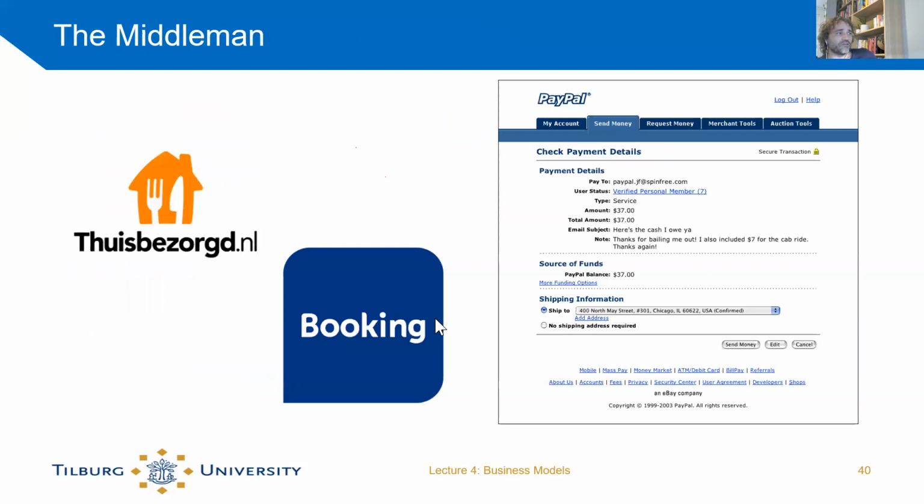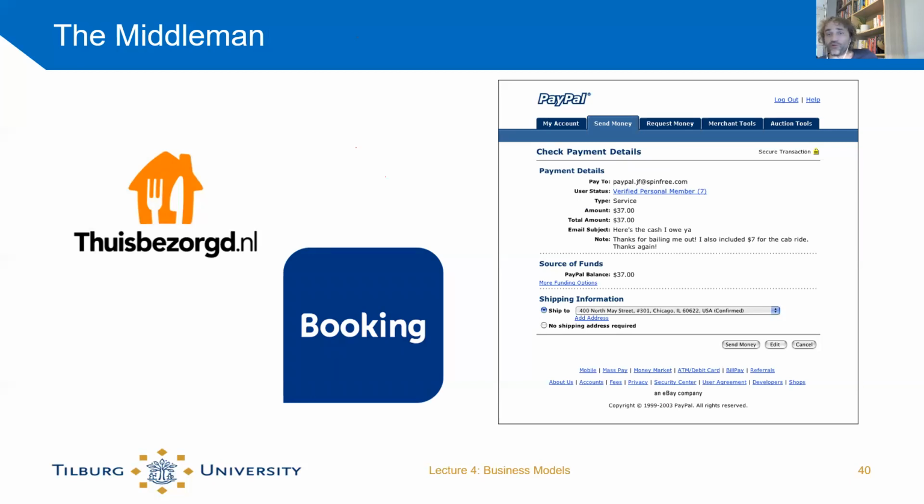Difference between on-demand and middleman. Like I said, they're really related, and most of the time a middleman is also on demand, but not always, and vice versa. So a middleman is an organization in the middle between other organizations and customers.